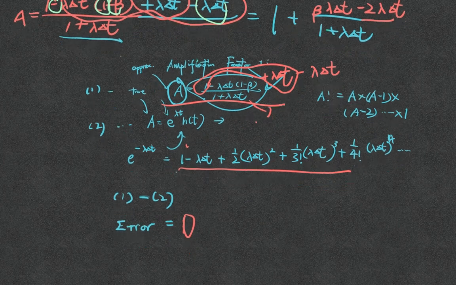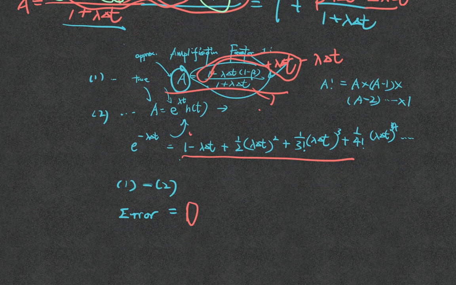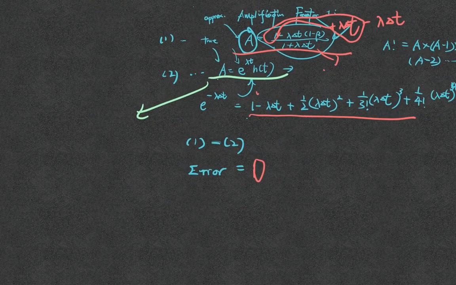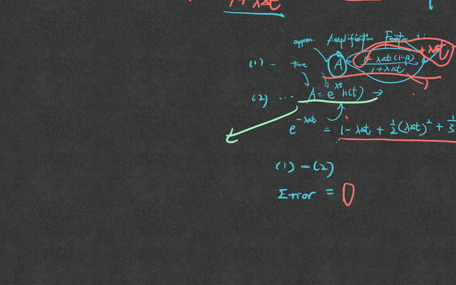Okay, and in equation 2, I forgot to mention one important step. What we would actually need to do is the following: we need to put A equals e^(-delta T n) plus H Tn.